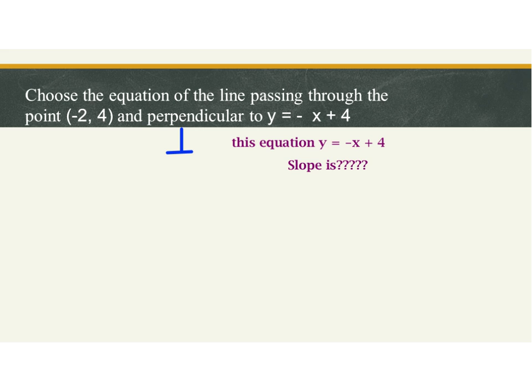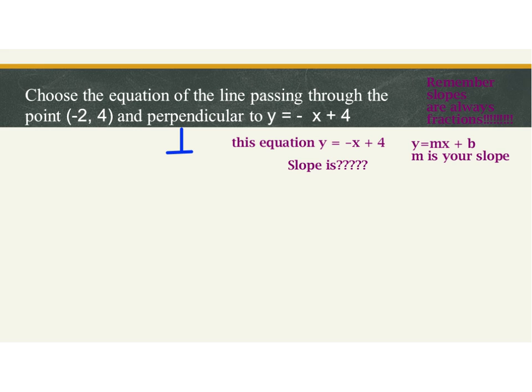What is the slope? Remember, slopes are always fractions. Who can tell me what the slope of that line is? Okay, remember we had y equals mx plus b. M is your slope.